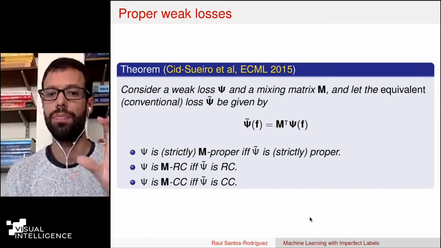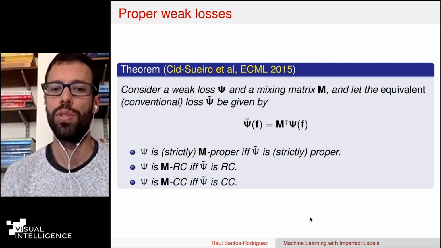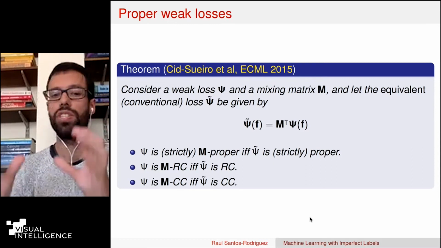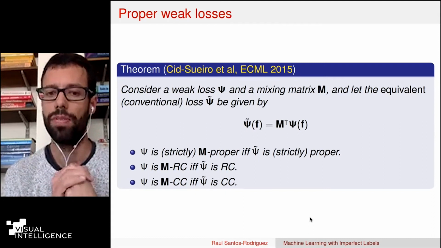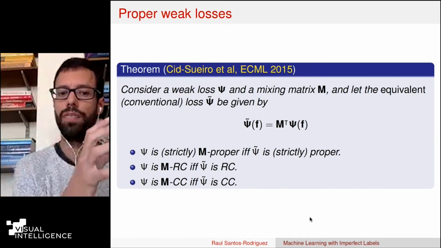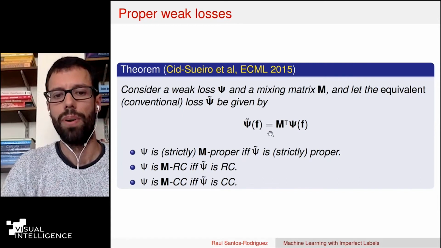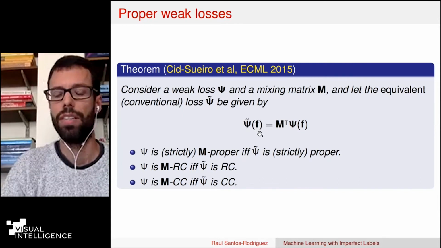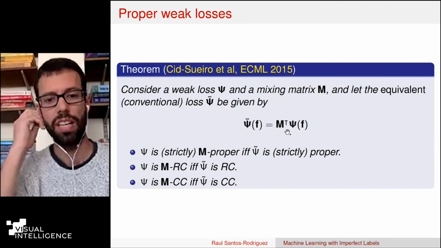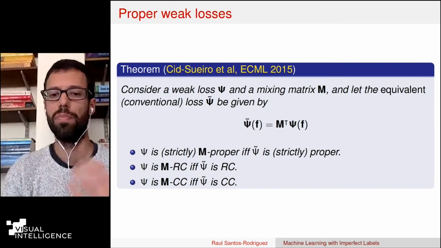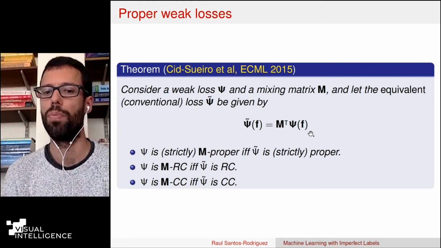And the extra ingredient that this slide is giving us is that the relationship between the cross entropy, let's say the proper loss for clean labels, and its counterpart for the weak case is given here by this psi tilde being the standard loss, M being the mixing matrix that characterizes the mixing process, and this being the new loss that we'll have to optimize.